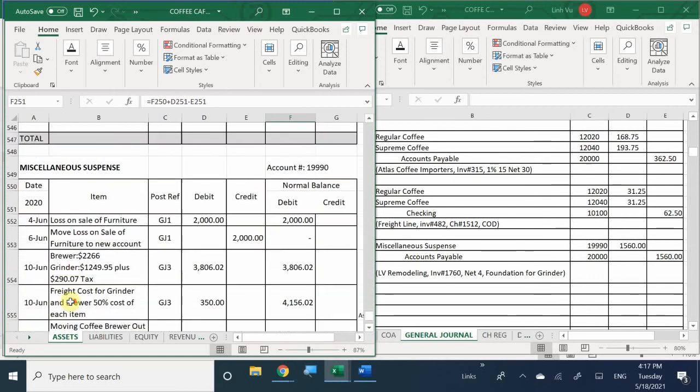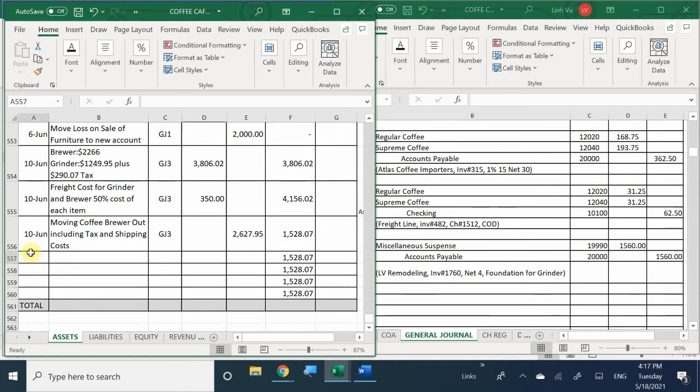And here it is, last account on this page. The date is the 13th now. And then I'm going to write here, foundation for coffee grinder.